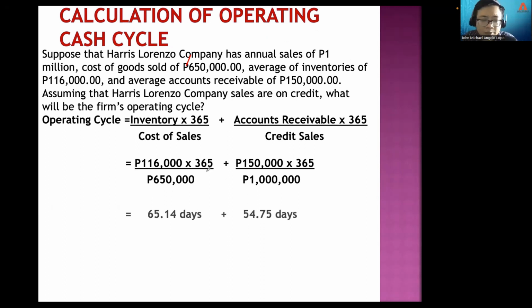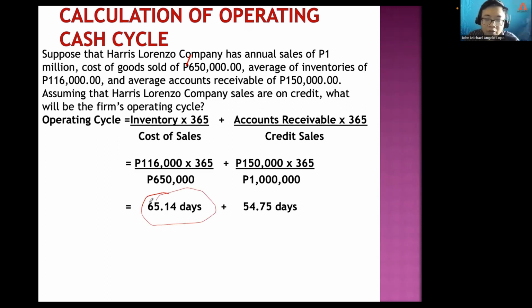Okay. Ano ibig sabihin nito, class? 65.14 days ka daw to convert your inventory into sales. Okay ba to, class? Sa board exam depende yan sa inyong term, depende yan sa inyong background. Ilang days ba talaga mako-convert yung ating inventory to sales.